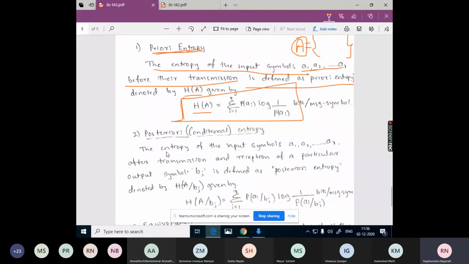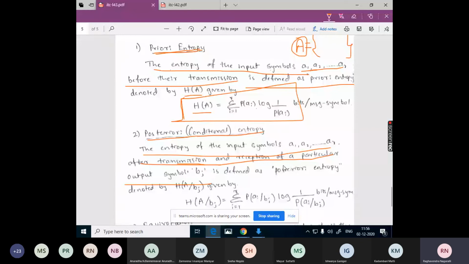Okay, so next, posteriori or conditional entropy. This is the entropy of the input symbols after transmission, after transmission and reception of a particular output symbol Bj. So we have transmitted and they have received. That may be the exact symbol which we have transmitted or some other symbol because of the noise.